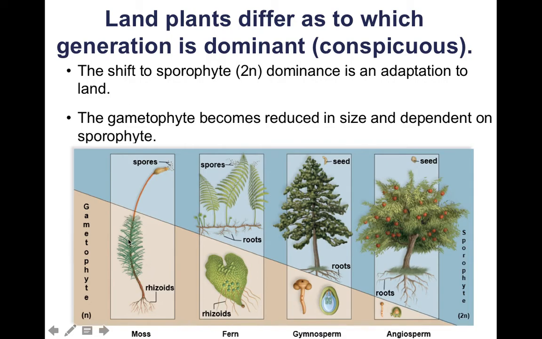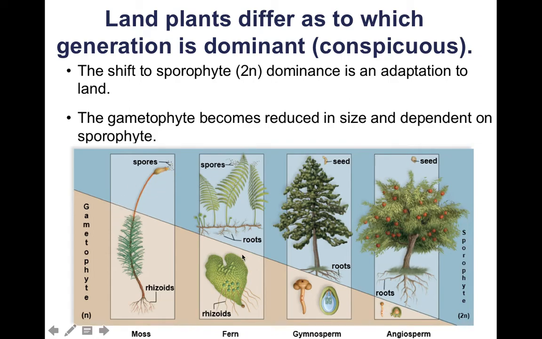So when you see that fluffy green moss growing in the woods, what you're looking at is a haploid organism. This is the gametophyte of moss. The sporophyte, you may have also seen, is this little structure that comes up and has a little capsule at the end of it. This is the sporophyte. This is the diploid structure of moss.